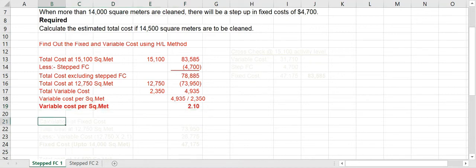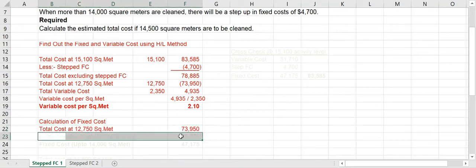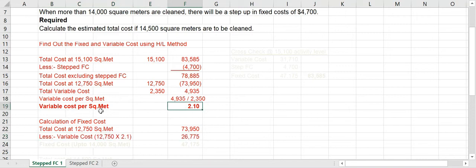Now calculate the fixed cost. Simply you take the total cost at 12,750, which is 73,950, and from that you deduct the variable cost. We identified the variable cost per square meter as 2.1, times 12,750, which is 26,775.